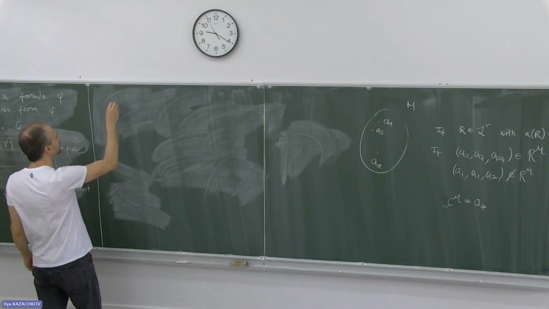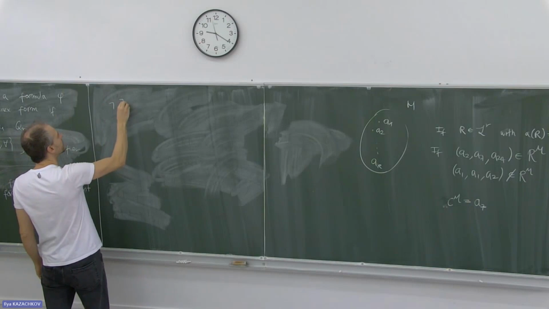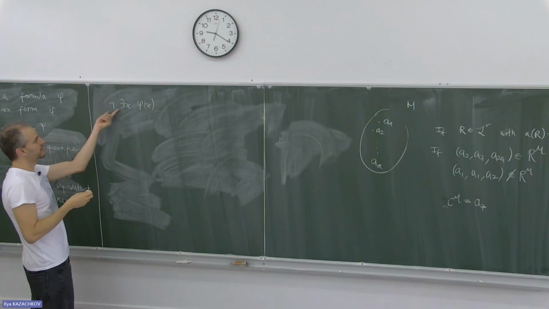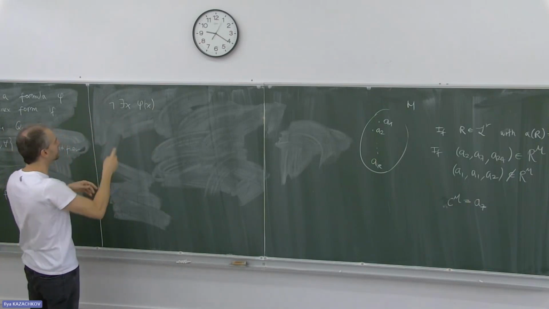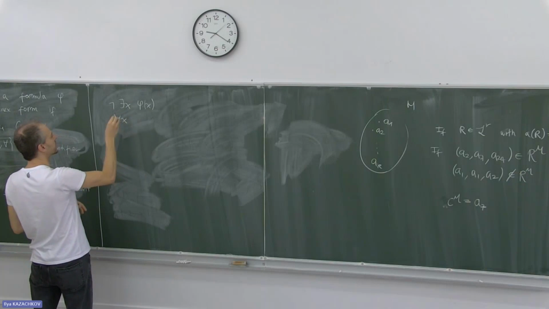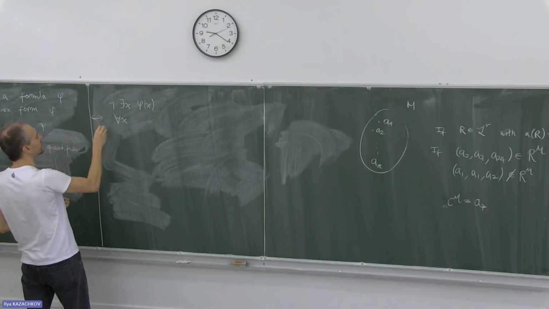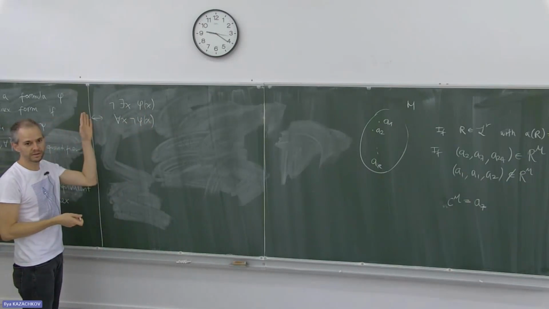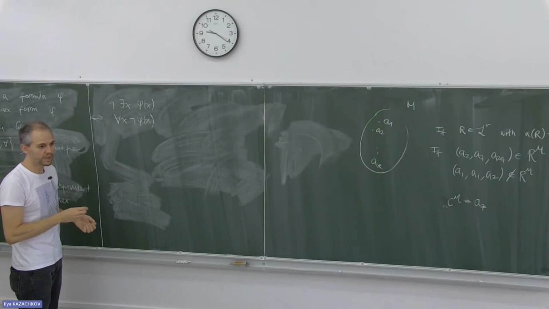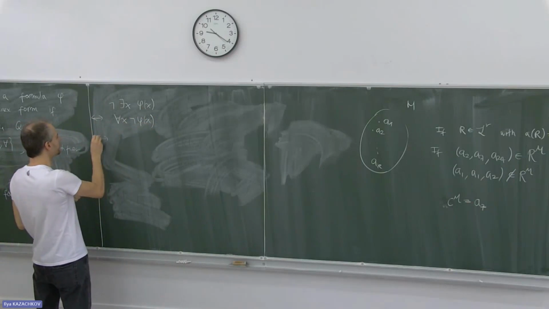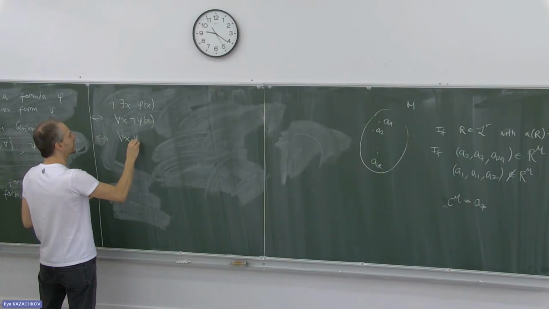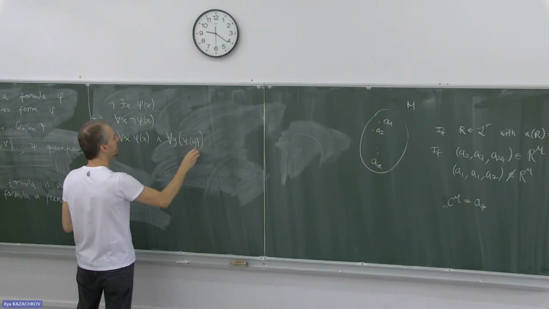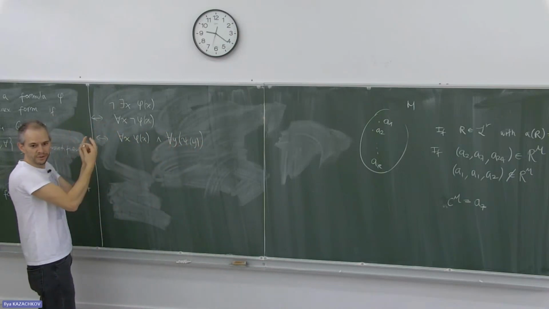For example, if you have some negation and you have a formula phi of x, you can kind of push this negation inside, and this becomes for all x. This is equivalent to for all x, the negation of phi of x, and then you're pushing the negation inside the formula. If you have, for example, for all x phi of x and for all y psi of y, you know that these two can be kind of turned into only one.